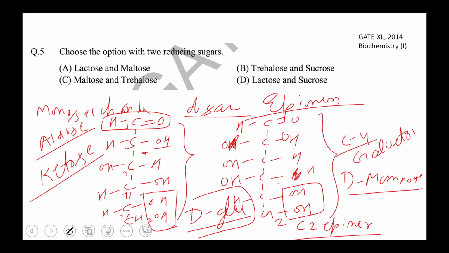So galactose is also an epimer of glucose. These rearrangements make the different epimers, even though the structure and the composition are the same.